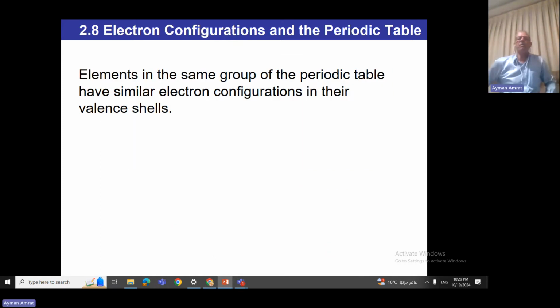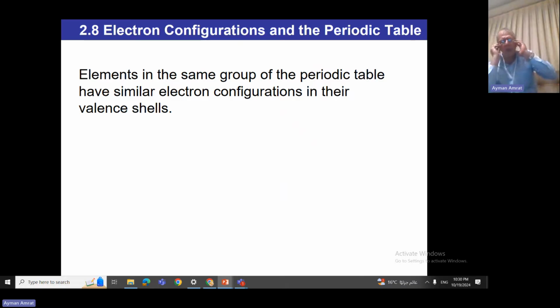Elements in the same group of the periodic table have similar electronic configuration in the valence shell. The outermost shell is called the valence shell, and its electrons are called valence electrons. The properties and behavior of elements depend on the outermost shell electrons, the valence electrons, not on the inner electrons.